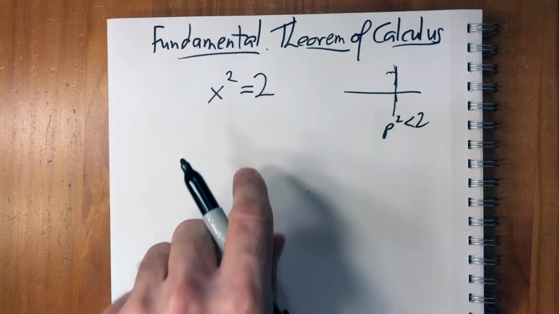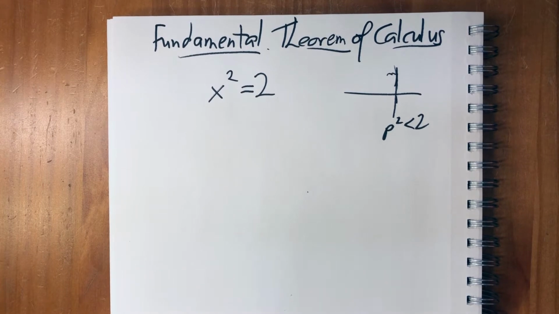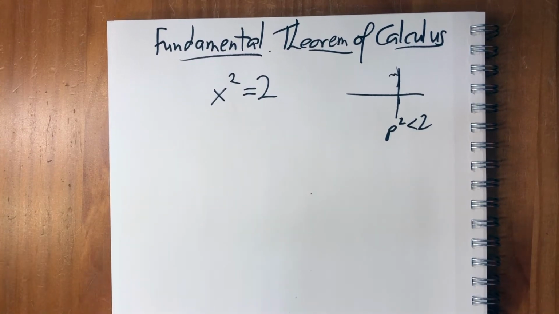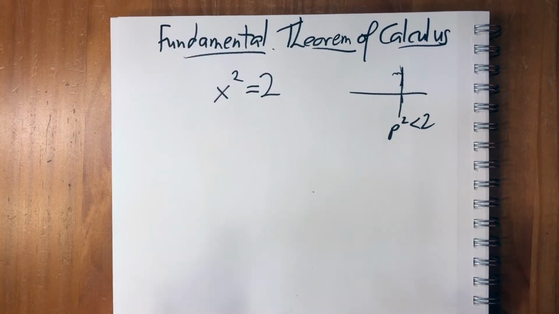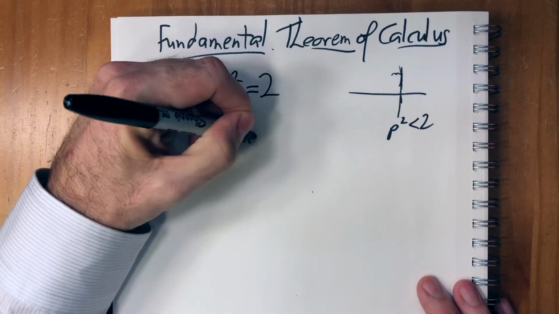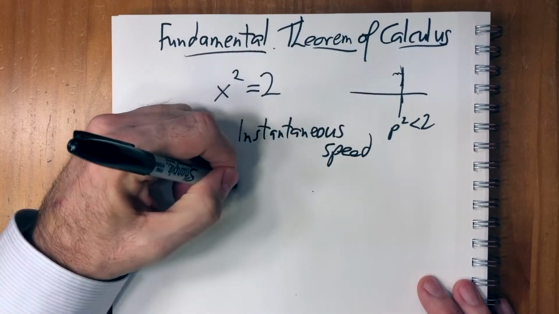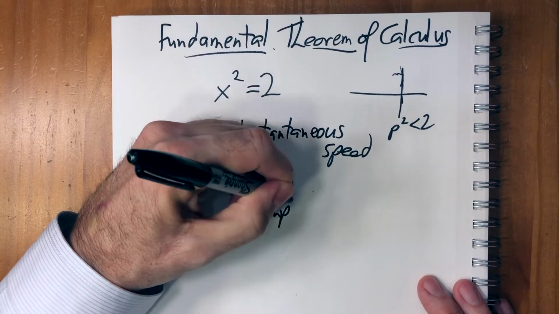So on the one hand, there are the solutions to polynomials like this, but on the other hand, there are other problems that have been around forever which are not about algebra necessarily, but are the classic calculus questions, like what is instantaneous speed? Because we know that if you go 30 miles and it takes you an hour to do that, then you're going 30 miles per hour.